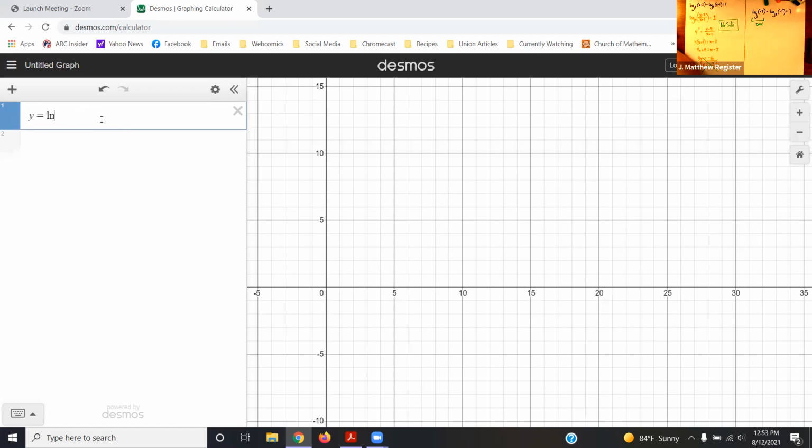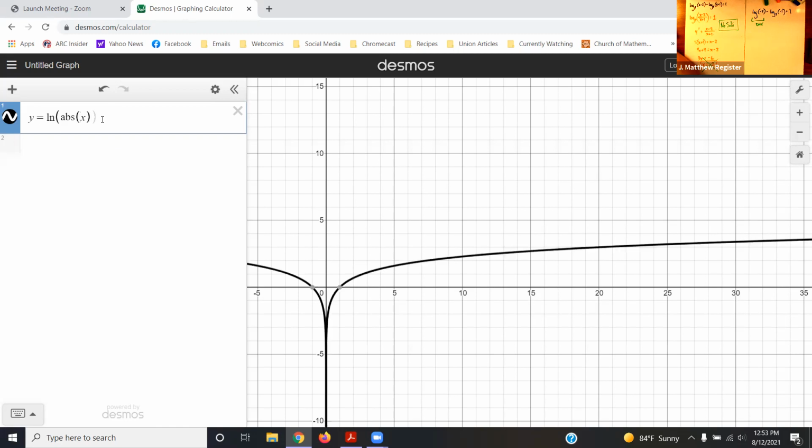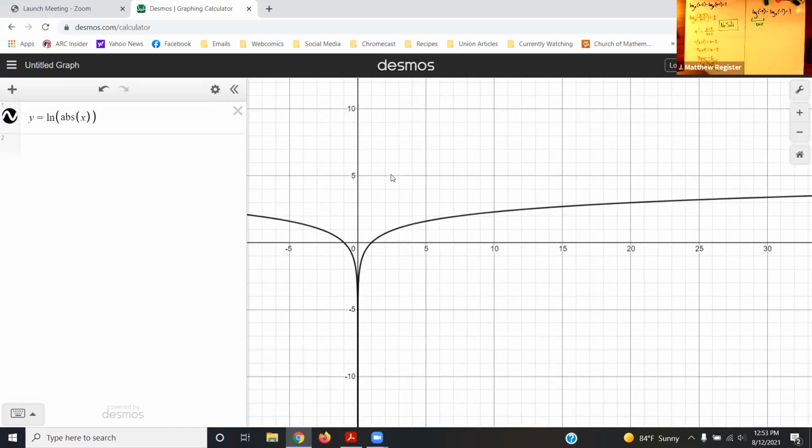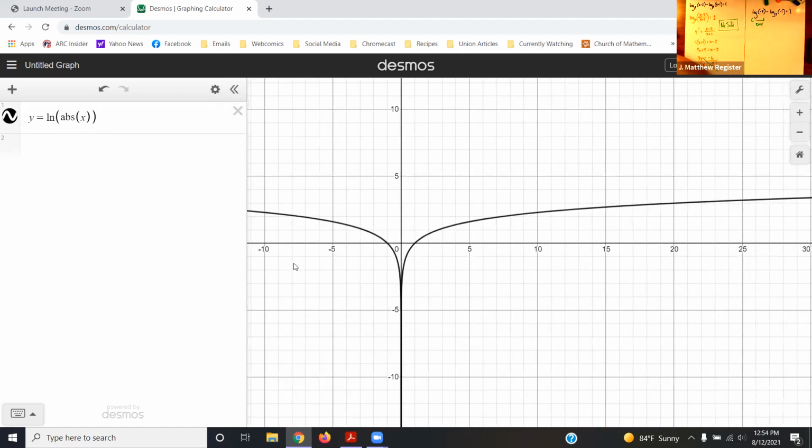Another thing to note about natural log, sometimes we'll be seeing the natural log of the absolute value of x. And this one pops up a lot, particularly once we get to antiderivatives, which I think is chapter 5. The reason for this is because the absolute value of x basically doubles the domain.